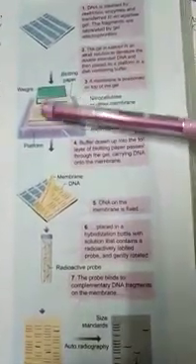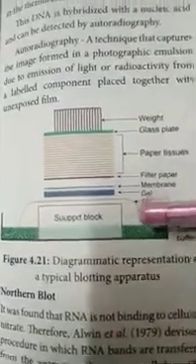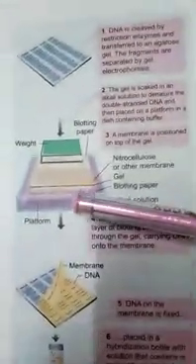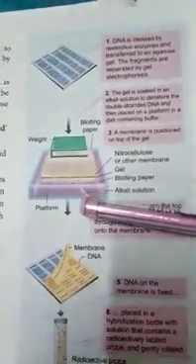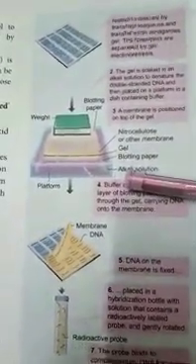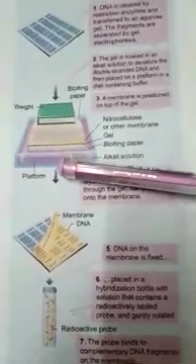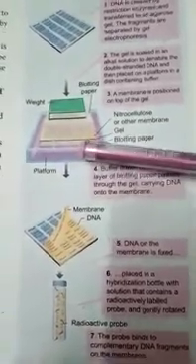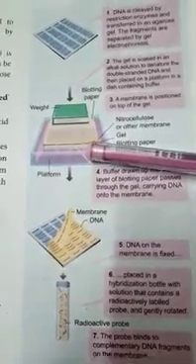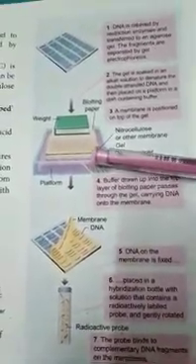Now I show the diagram. This is the setup. This is the buffer solution, the alkali solution; here the buffer solution is sodium saline citrate. On the sodium saline citrate platform we use the blotting paper, the gel and the nitrocellulose membrane.